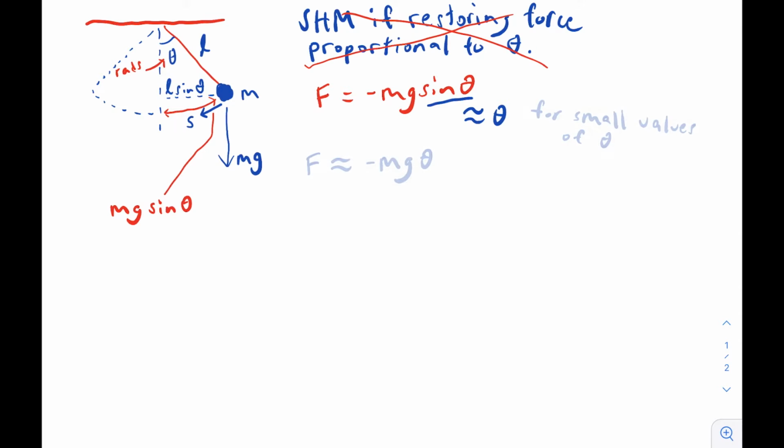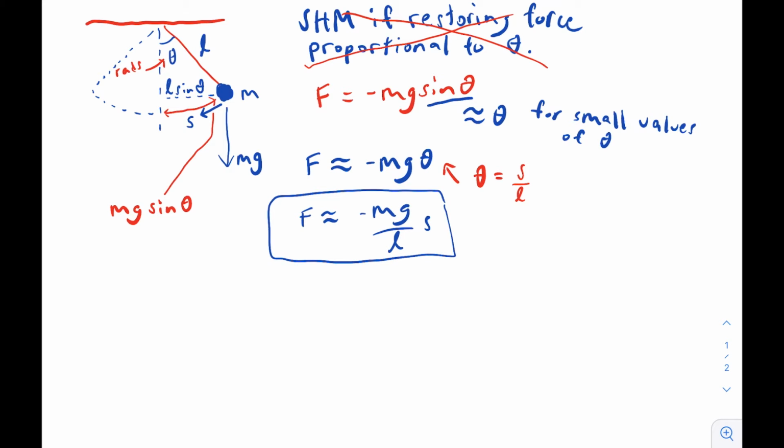For small angles, we can therefore approximate the restoring force as the negative of the mass multiplied by the acceleration due to gravity multiplied by theta. From the arc length formula, we know that theta is equal to the arc length divided by the length of the string. We can substitute this in for theta to find that the restoring force can be approximated by the negative of the mass multiplied by the acceleration due to gravity divided by the length of the string multiplied by the displacement. Note how this equation closely resembles Hooke's law.